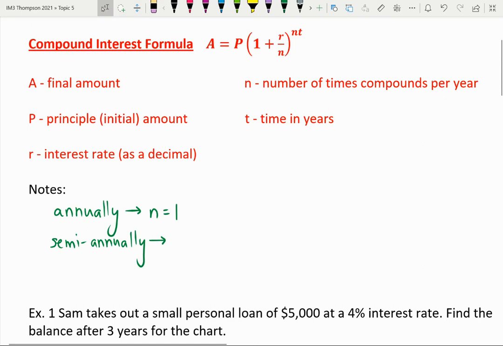So semi-annually, if we have a semi-annual sale, how many times does the sale happen a year? 2 times. So then N would be 2. And I'm going to write down a bunch here. It's not going to be an exhaustive list, right? It's not going to be every single word that they could use, but a lot of them.